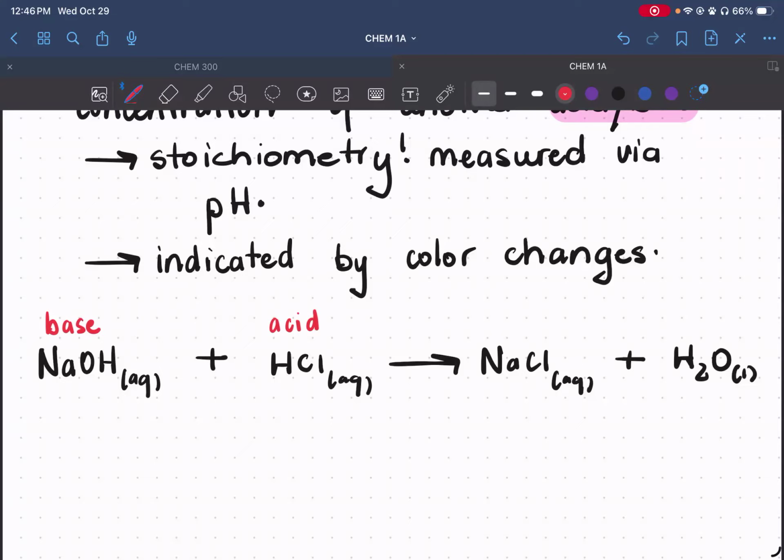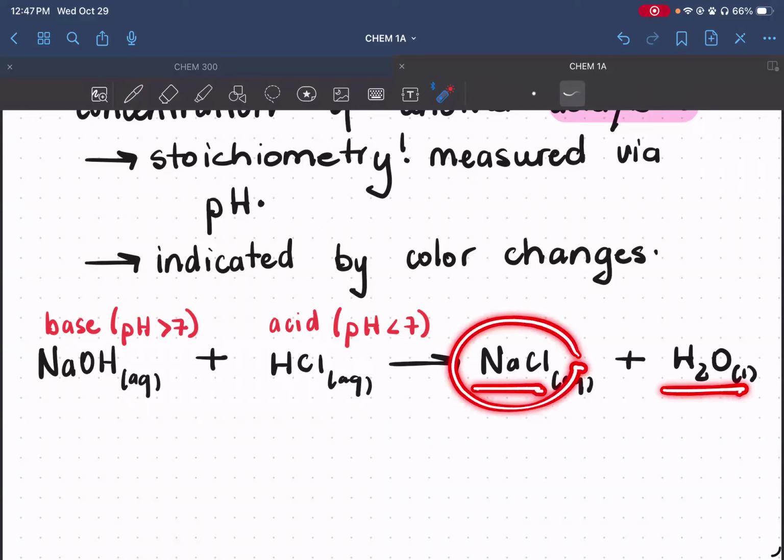Since we know the nature of their acidity and basicity, we can also make a concomitant prediction. We know that acids have a pH of less than 7, and bases have a pH greater than 7. So we are joining two chemicals that on the pH scale are on completely opposite ends. And when they react, they form a salt, sodium chloride, and water.